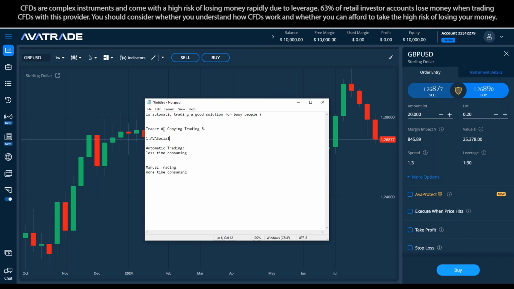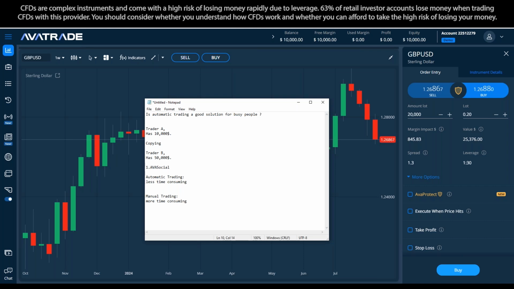For instance, trader A copying trader B. Let's say trader A has 10,000 in balance, and trader B has a little more than that, let's say 50,000 in balance.